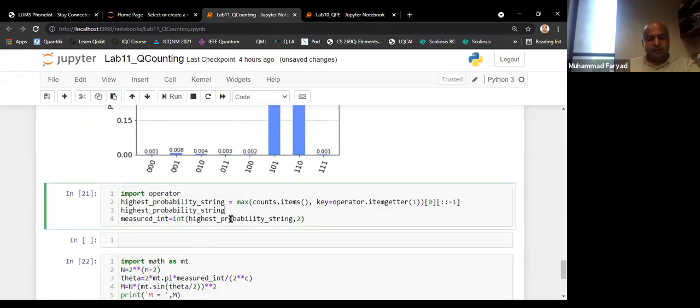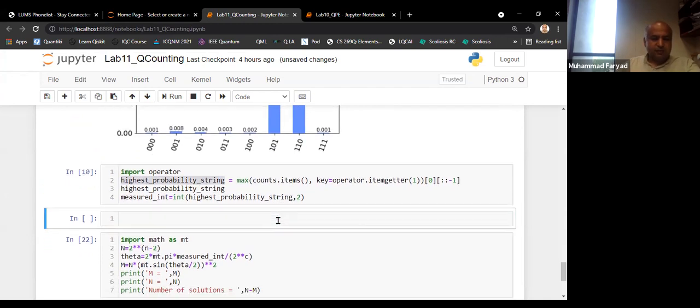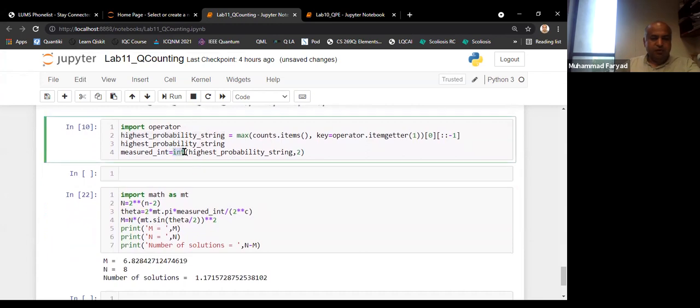And from these counts, I can still get this highest probability string, which is going to be either of these. And I have converted it into an integer, so that value is placed in Meyer integer.